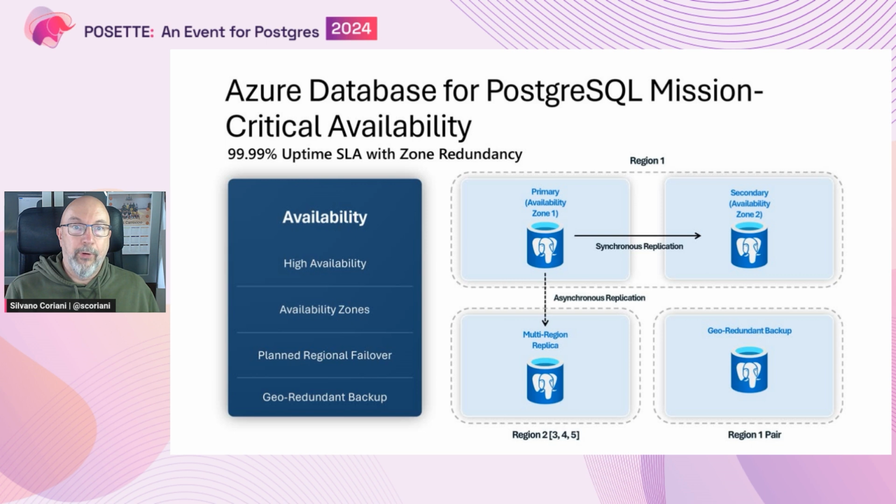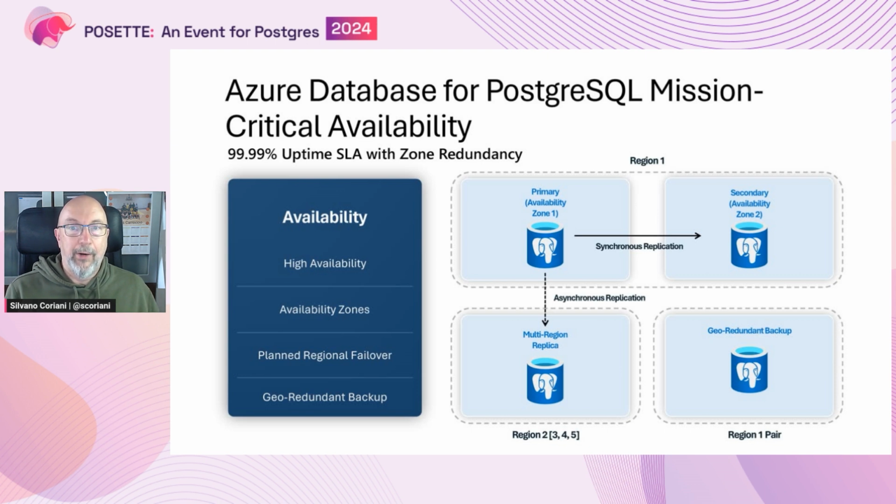And we see also another region here where we are asynchronously replicating data, leveraging multi-region read replicas. In this case, we have an asynchronous replication because of the additional latency, but we can then promote our secondary copy here to a new primary in case we are losing the entire region.